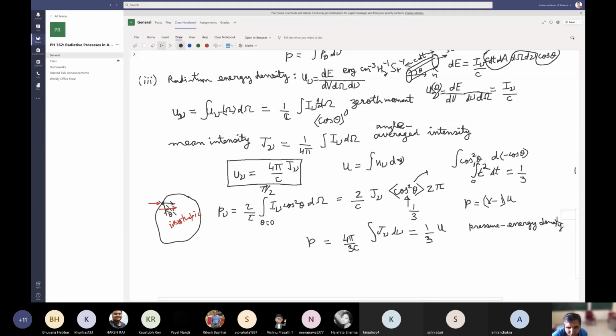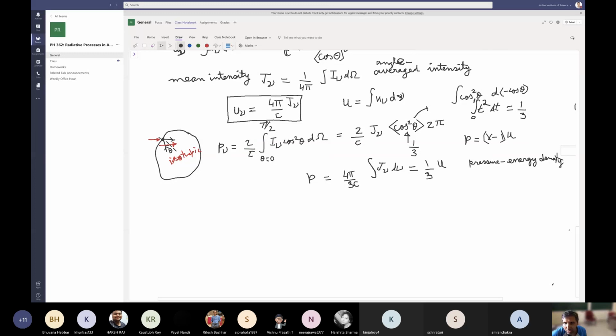Here we have derived it from kinetic theory, using the fact that pressure is the second moment of I nu and the energy density is the 0th moment of I nu. So the second moment and the 0th moment are related by this. Okay, so this is good.